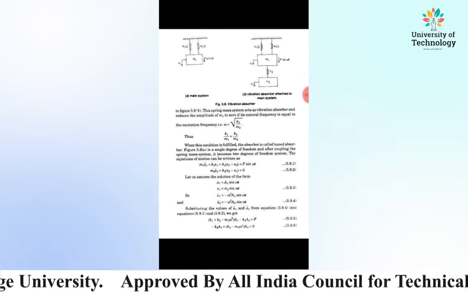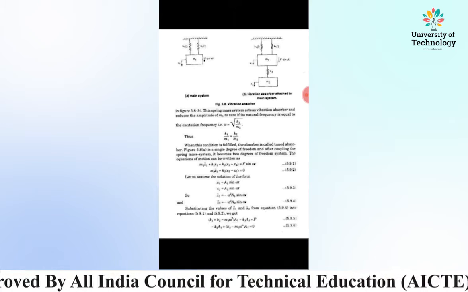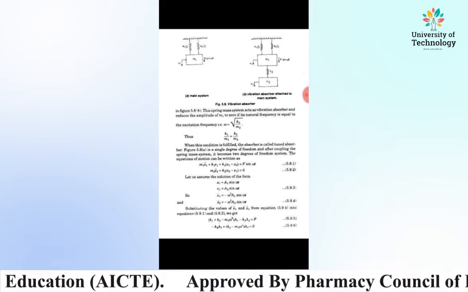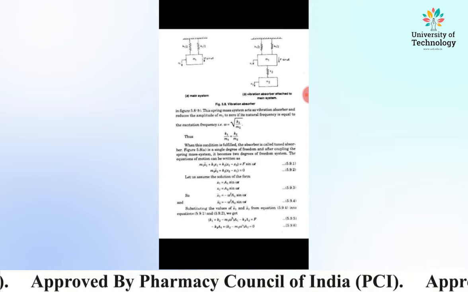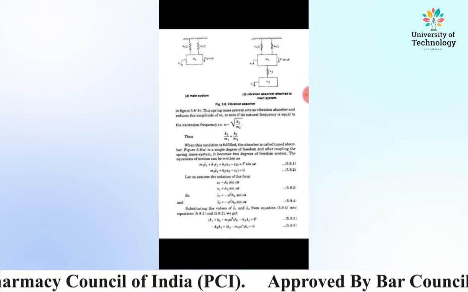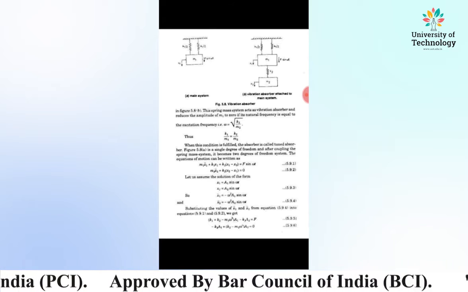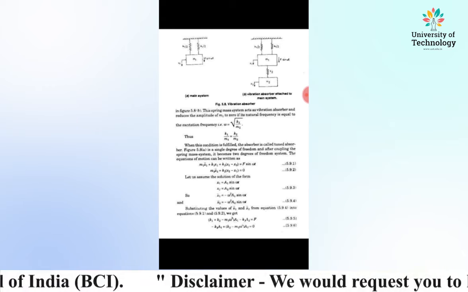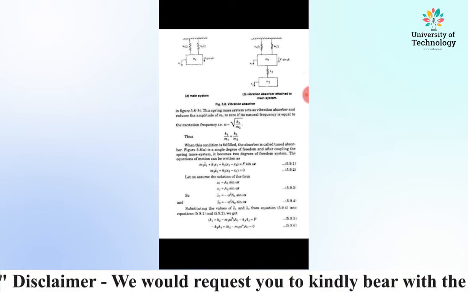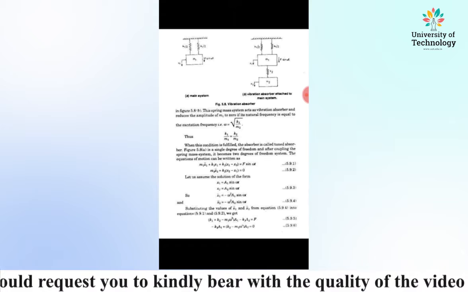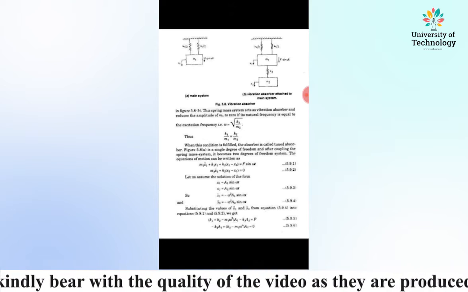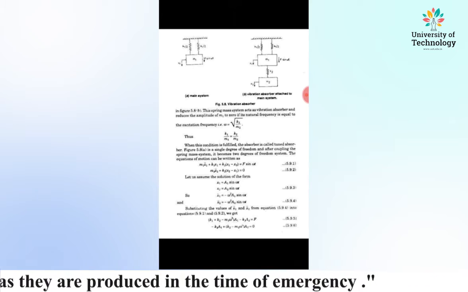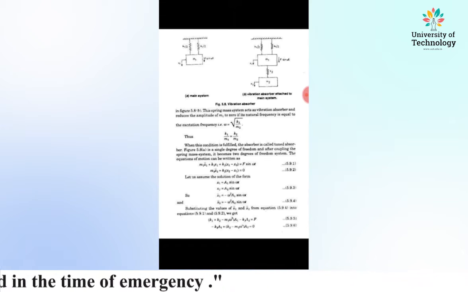A spring mass dashpot system is shown in the diagram. First is the simple spring mass dashpot system, and second is the system with absorber. In the first case, the displacement is x1, and in the second case, the displacements will be x1 and x2.